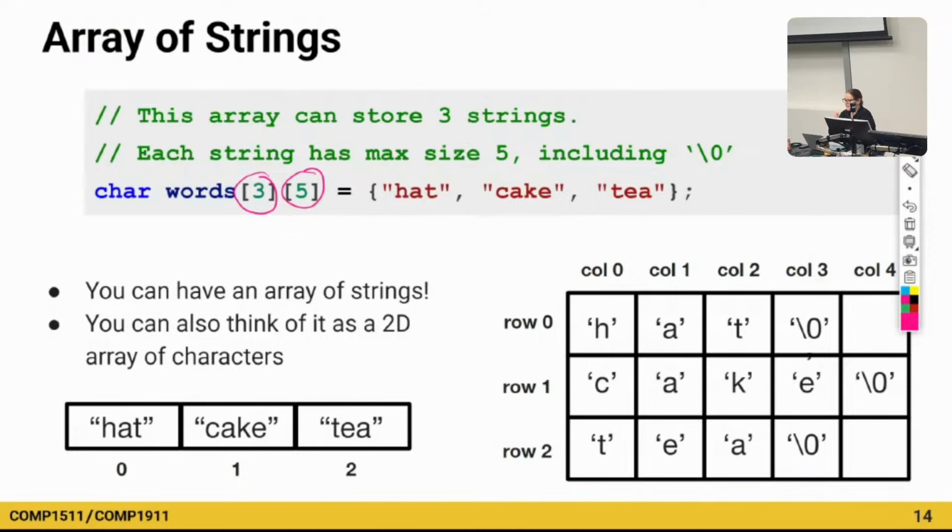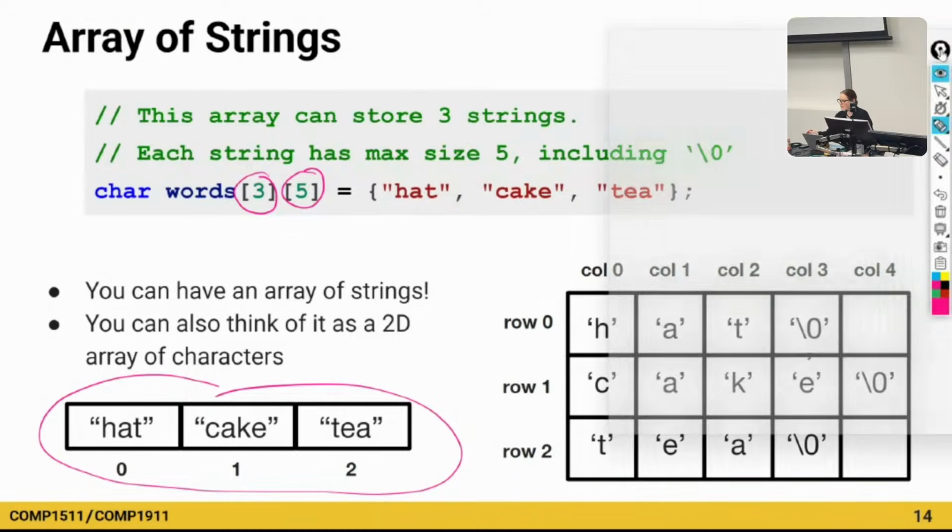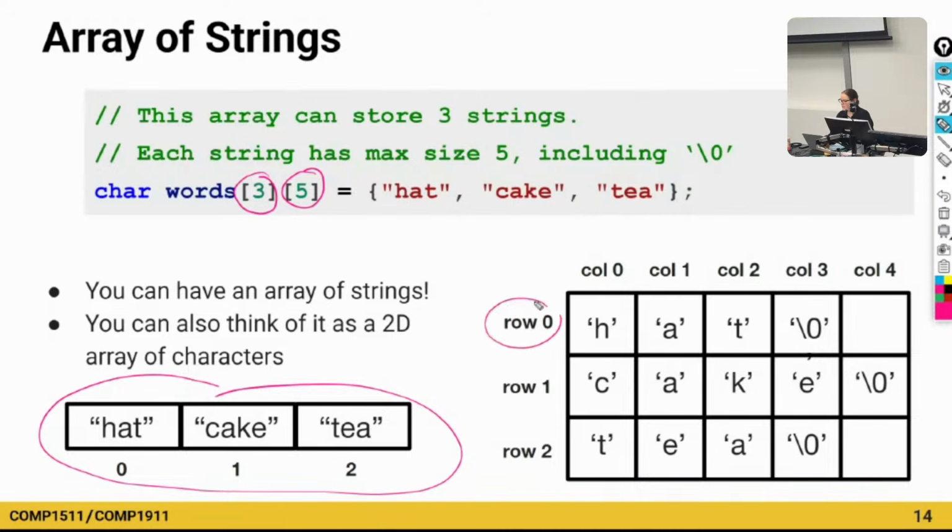And sometimes I might want to just think of it like a 1D array of strings. Sometimes I might want to think about it like this, where row 0 is a whole string and the columns are the individual characters.